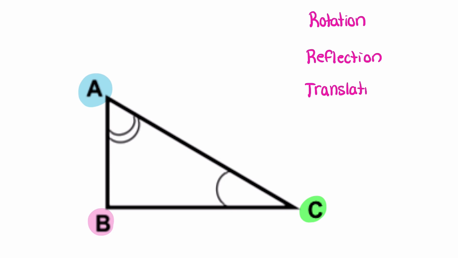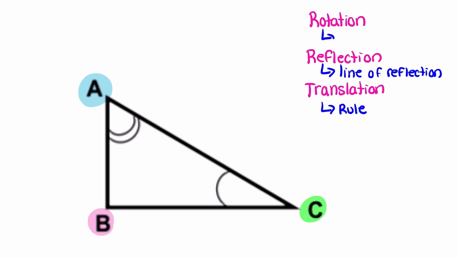And remember, if it is a reflection, you need to state the line of reflection. Let me put it down here. You need to state the line of reflection. That's how you completely describe a reflection. If it's a translation, you need to give the rule. So up how many, down how many, left how many, right how many, right?